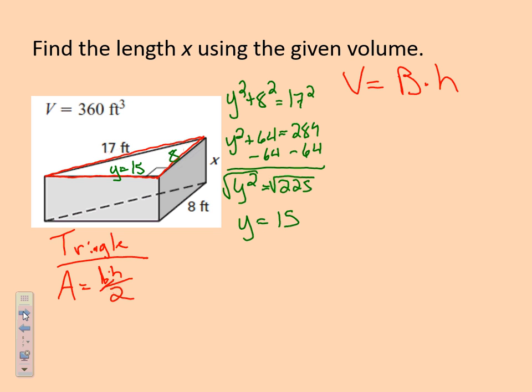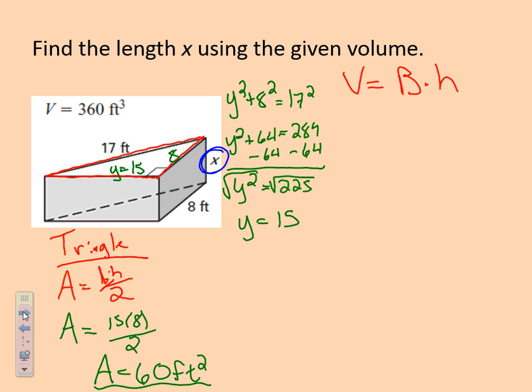So when I plug it in to find the area of my triangle, area equals 15 times 8 divided by 2. My area equals 60 feet squared. So I have the area of my triangle. Now remember, we need to solve for x. X right here is my height. So my volume is 360.